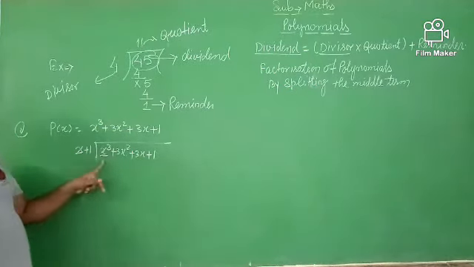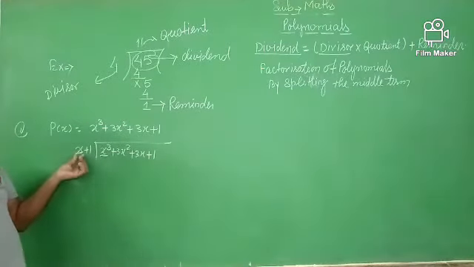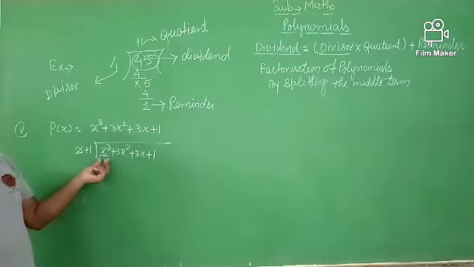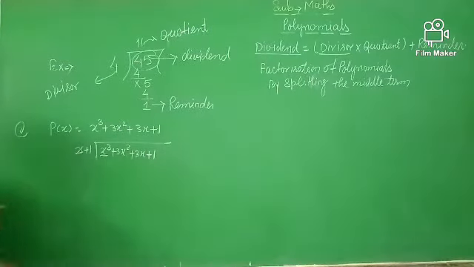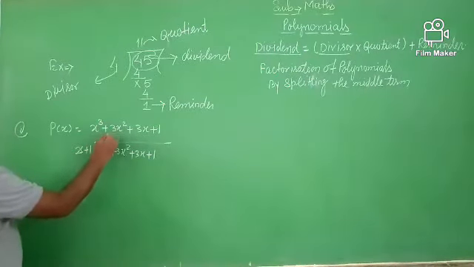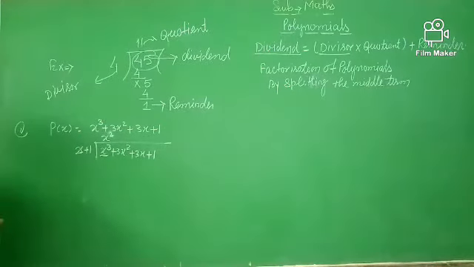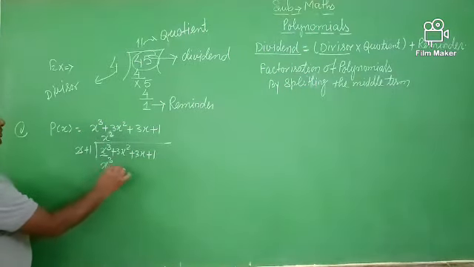If I multiply by x square, it is converted into x cube. So we take the multiplication of x square, x square multiply x, it is converted into x cube. 1 multiply with x square, it is converted into x square.